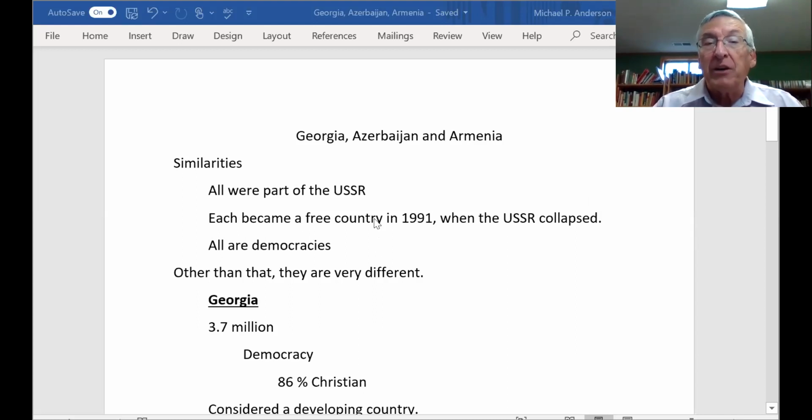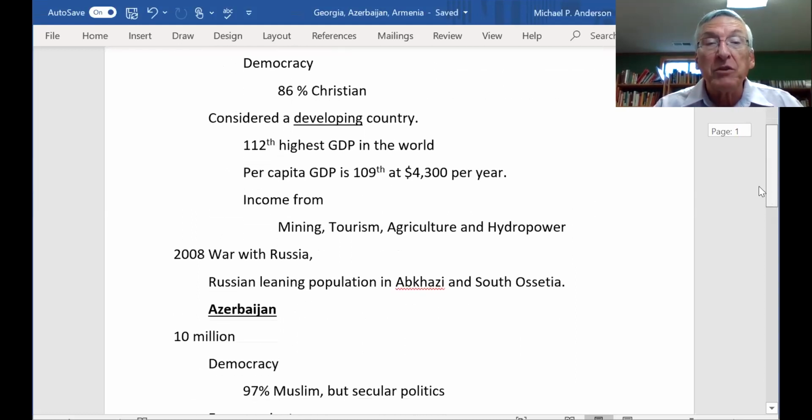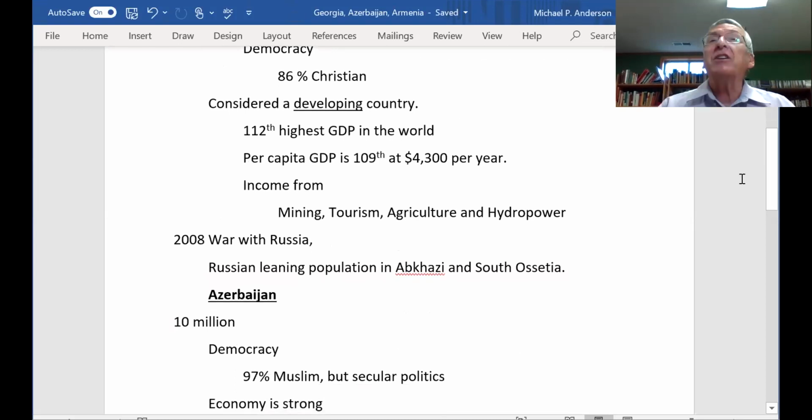All of these countries are democracies, but other than that, they are really, really different. Let's take a look at Georgia first. You can see the population there, mostly a Christian country, is considered a developing country. Now, you have established countries, you have developing countries, you have poor countries.